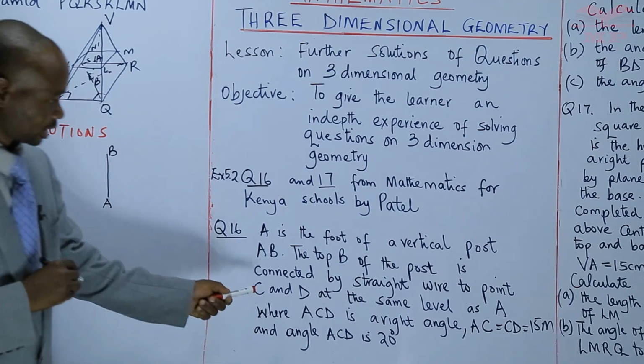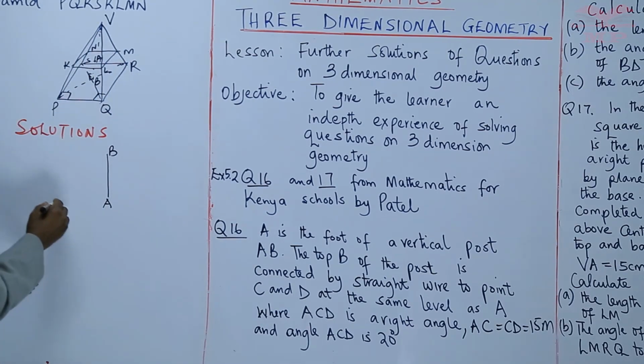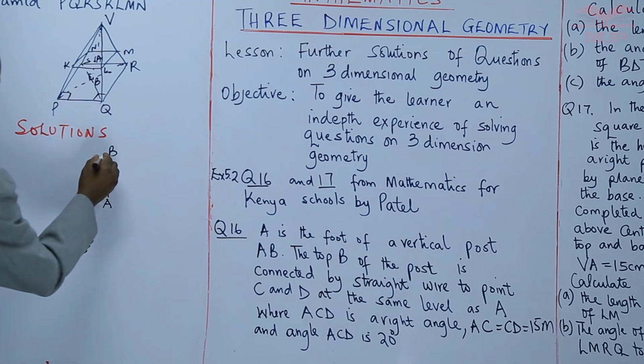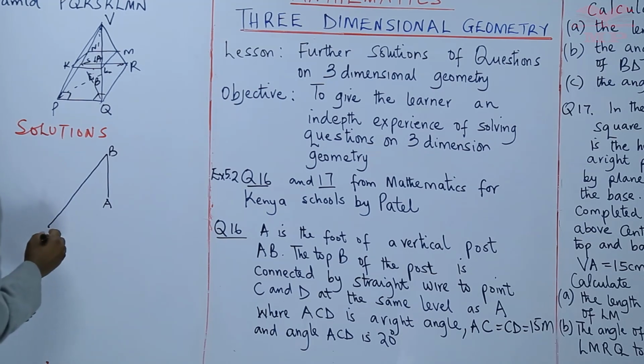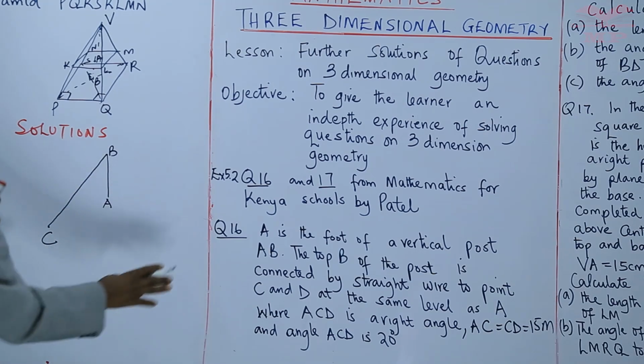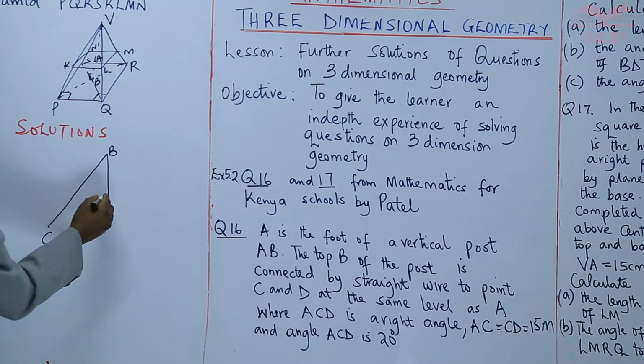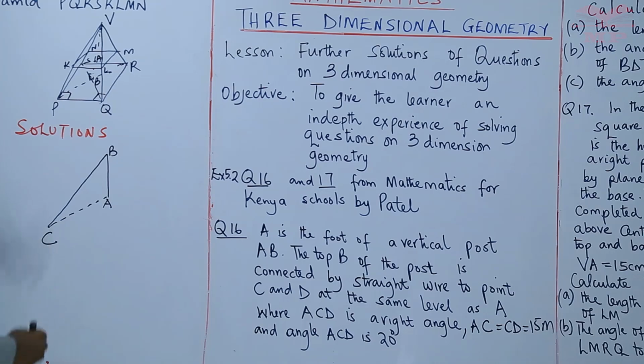The top is connected to two points. I can assume my first point is here, connected to C at the same level with A, by straight wire.